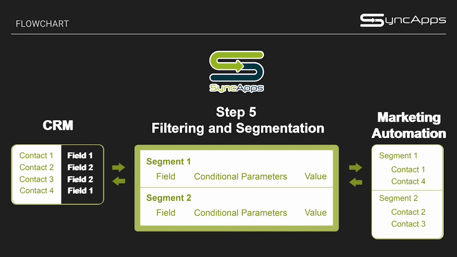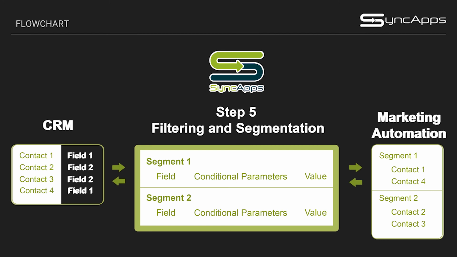With SyncApps, you can select that over in Step 5 in your filtering and segmentation and select segment 1, segment 2, with a field, conditional parameters, and a value. Once you have set that up, over in your marketing automation you can then see that your CRM records have been successfully filtered and segmented according to the criteria that you have set up in Step 5.